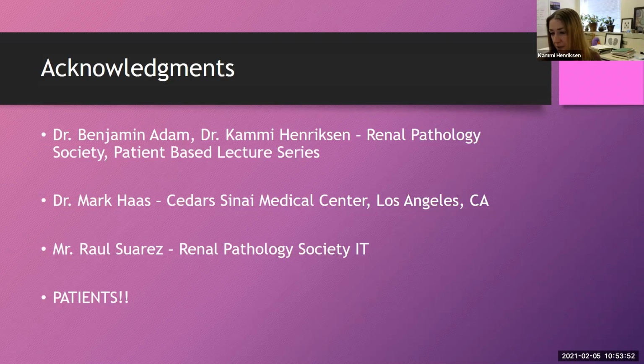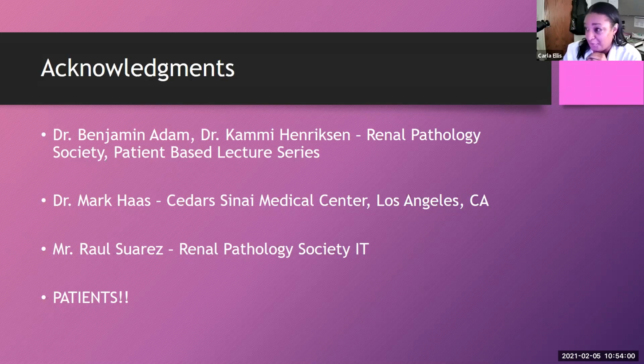IgA staining is frequently associated with lambda predominance in the light chains. Will you please comment? My comment on that is that I agree. Usually you see IgA, C3, kappa, and lambda, and it's a little bit more lambda predominant.